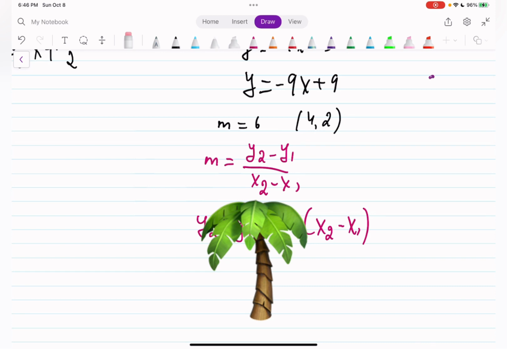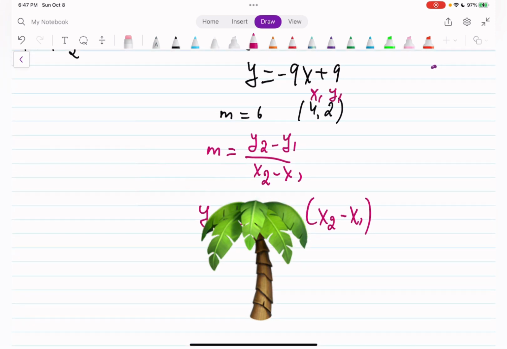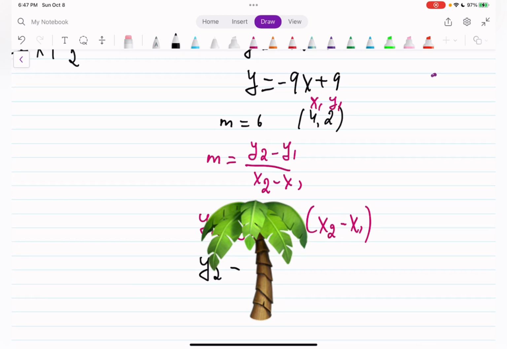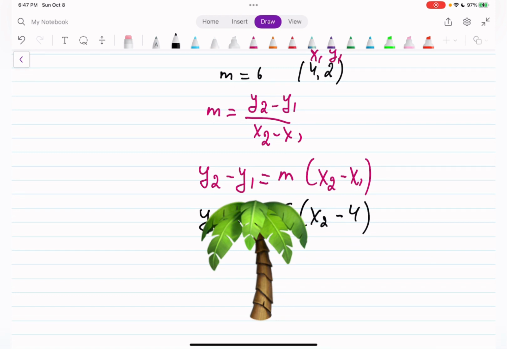So what do we have? My x1 and y1. So let's see, y2 minus y1 is 2 equal, slope is 6, x2 minus my x1 is 4, right? Okay, so what's gonna happen here? I'm going to rewrite y2.